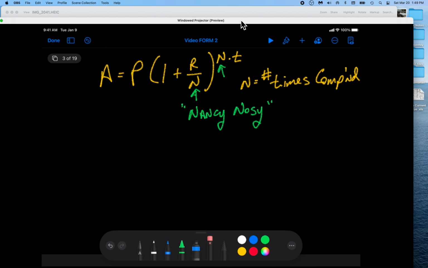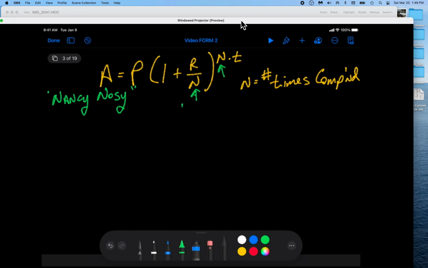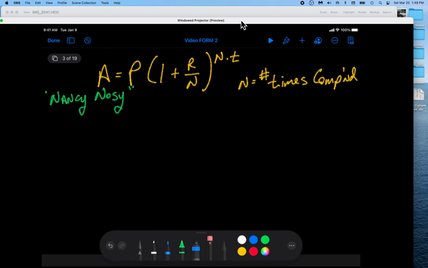Okay, now, if you see the words compounded annually, n equals 1, semi-annually, n equals 2, and monthly, n will equal 12. That's what you tend to see.